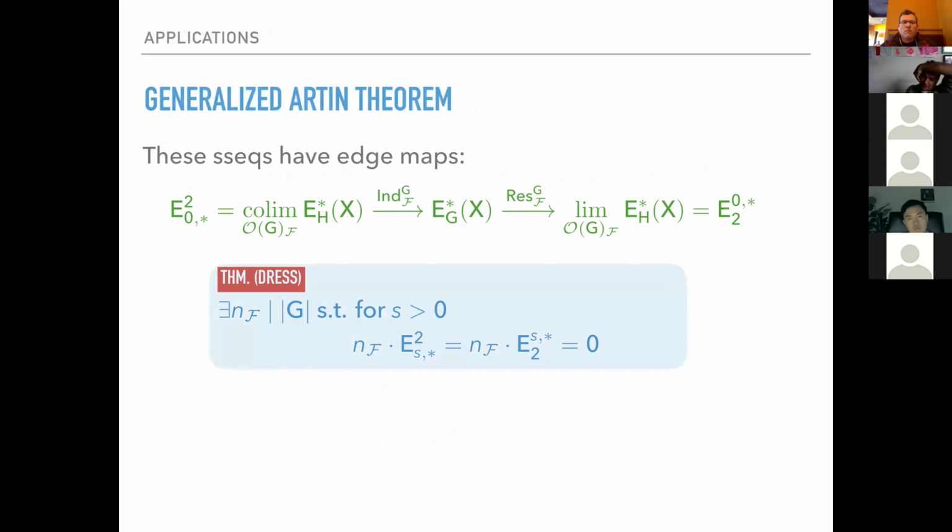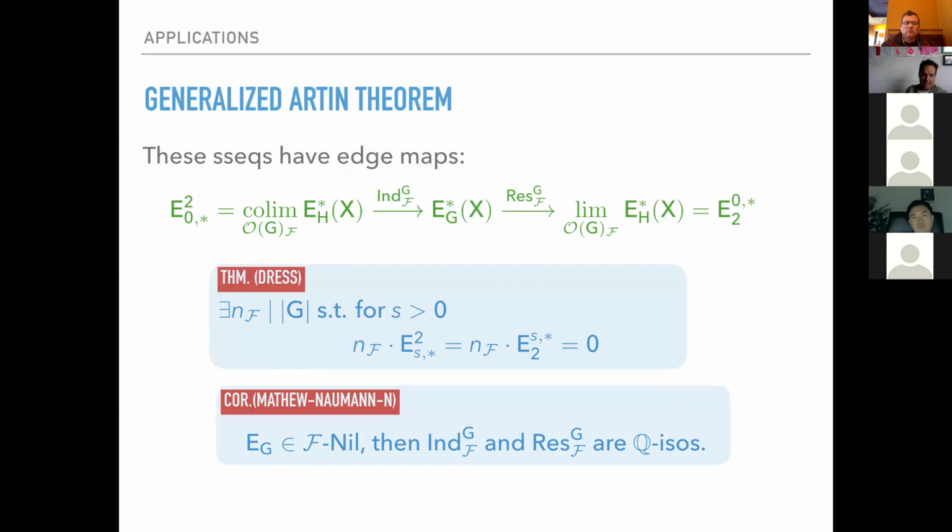Well, a result of Dress shows that there's a number dividing the group order, depending on the family, such that every element in positive degree is torsion for this natural number. In particular, if you invert the group order, all the higher terms in these spectral sequences are 0. And the rapid convergence tells you can even commute tensor inverting the group order through the holim spectral sequence.